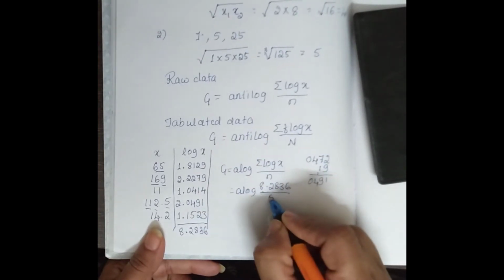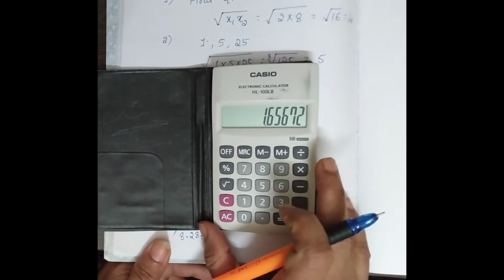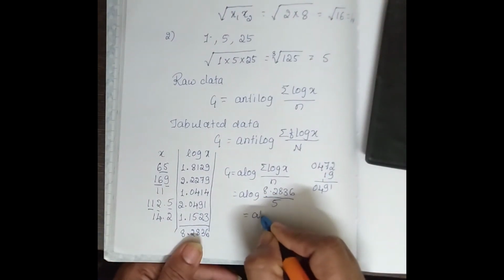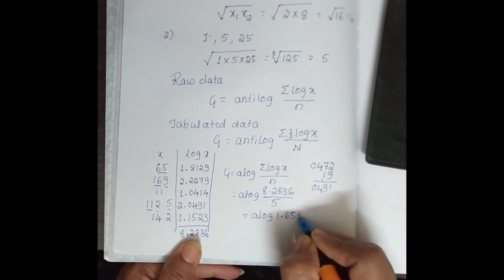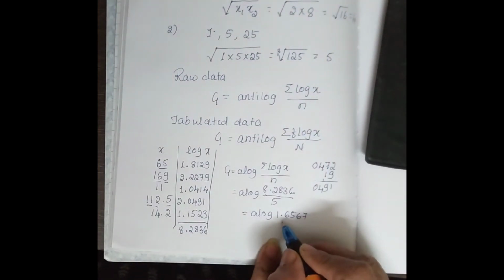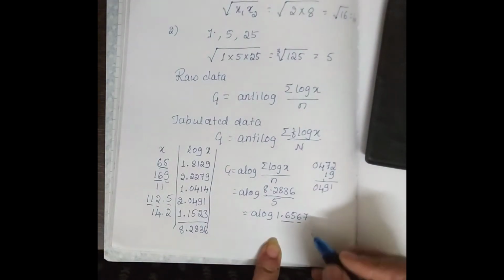Divided by 5, since we consider only 5 values. We are getting 1.6567. Antilog of 1.6567.